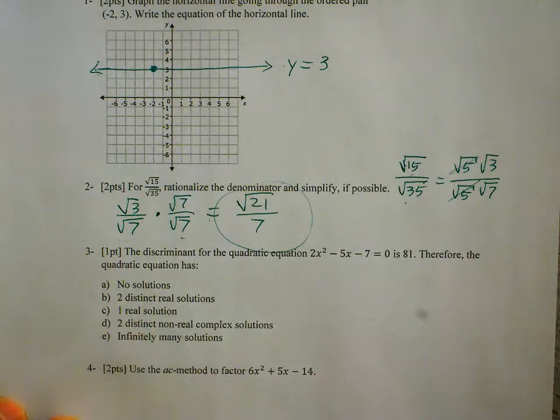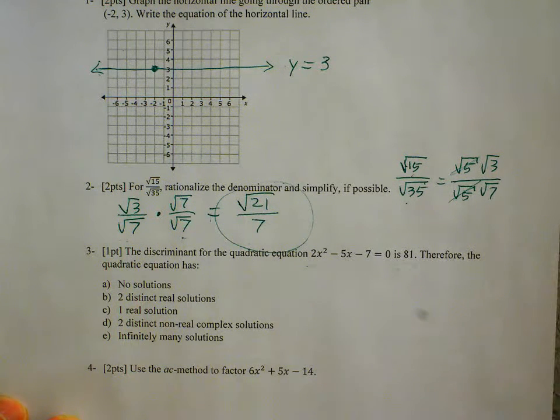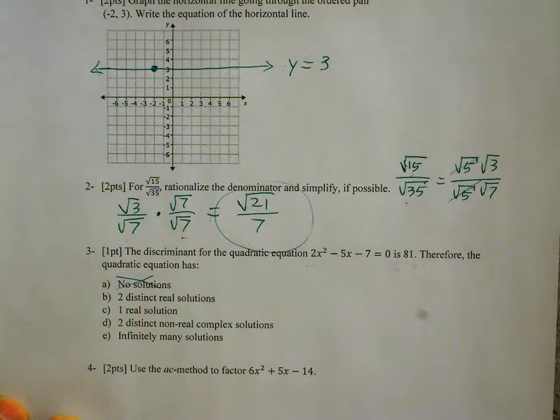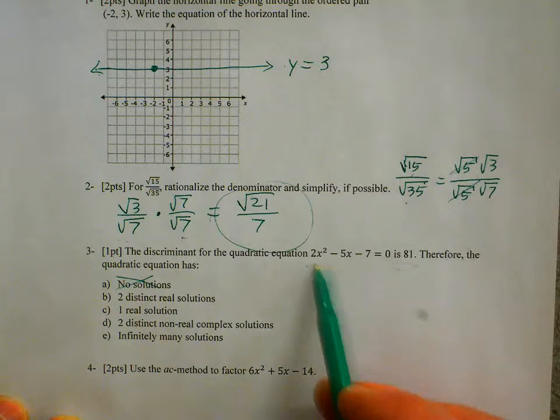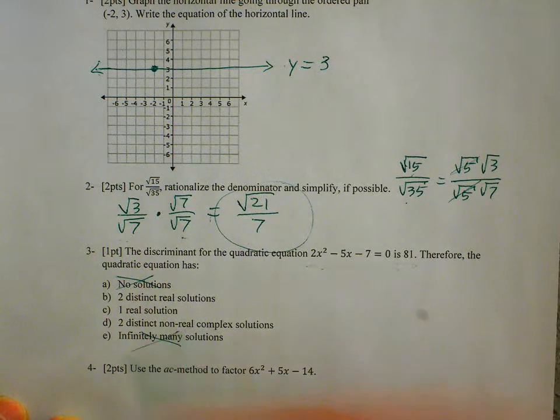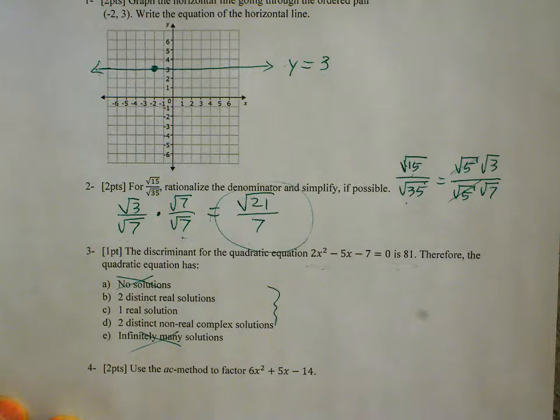2 of those options are never true for a quadratic equation. A quadratic equation always has solutions, so rule out part A. The most number of solutions is 2, so there can't be infinitely many. If you still don't know, just solve the equation using the quadratic formula, and then you'll know how to answer it.